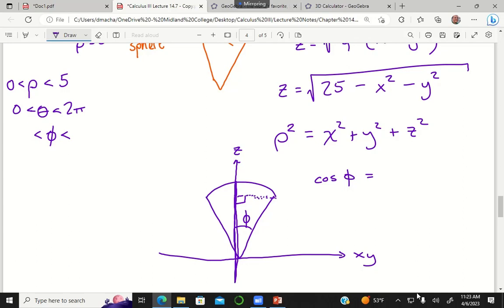And so the adjacent side is going to be some z value at the top of this section where the cone meets the sphere. And then the hypotenuse here would be rho.